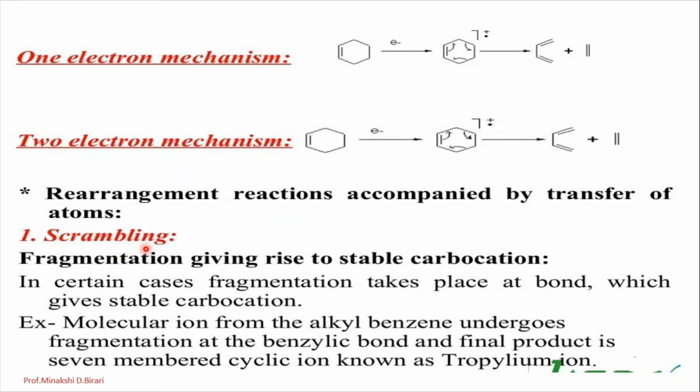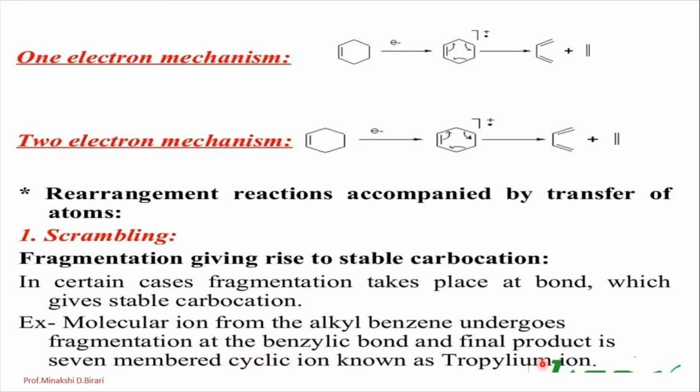Here the fragmentation gives rise to a stable carbocation. In certain cases, fragmentation takes place at the bond which gives a stable carbocation. For example, the molecular ion from the alkyl benzene undergoes fragmentation at the benzylic bond and the final product is a 7-membered cyclic ion, which is also known as a tropylium ion.